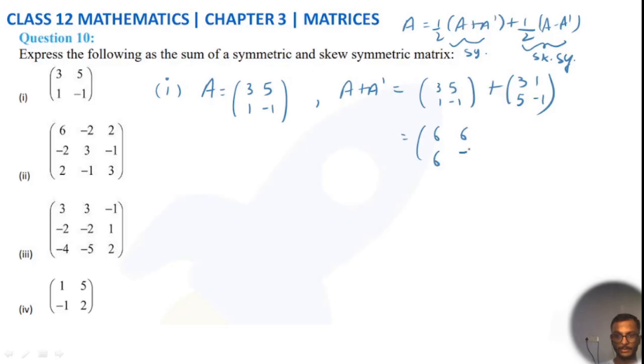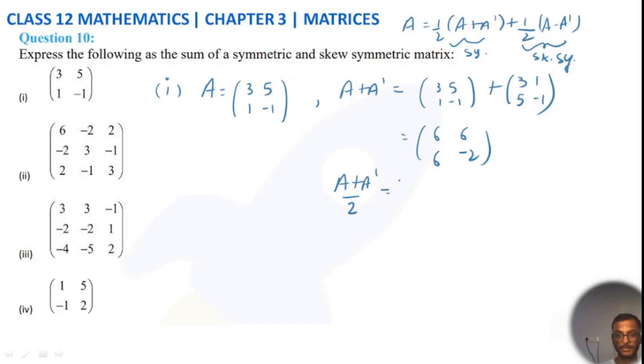Minus 1, minus 1, 2. Let me verify again. 3 plus 3, 6. 5 plus 1, 6. 1 plus 5, 6. Minus 1 plus minus 1, minus 2. In fact, you are able to see this is symmetric, right? Yeah. A plus A dash will always be symmetric. We did in question 8 also.